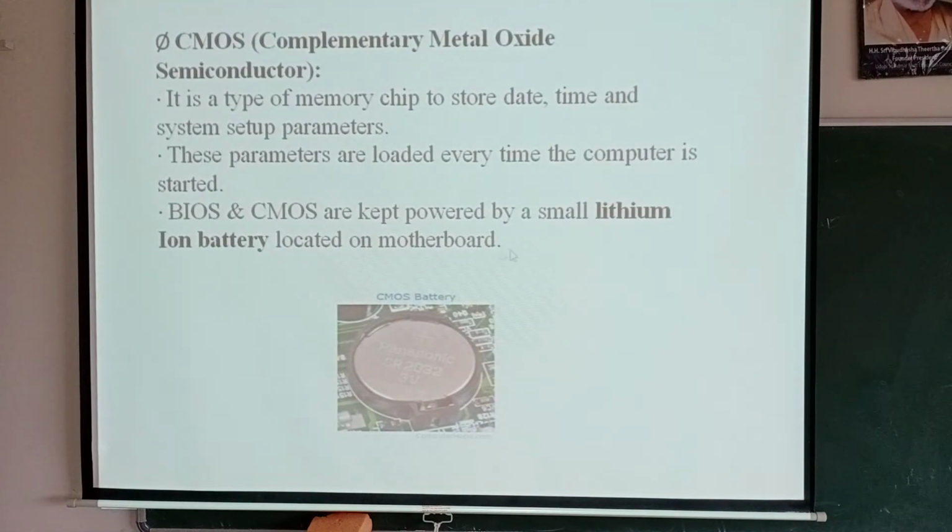You can see in this picture, this is a CMOS battery, okay, which you can see in a round circle shape, inside the motherboard. So this is also one memory chip. What does it store? It stores date, time and system setup. Whenever you are switching on the system, the operating system is loaded, and in the system screen you can see at the bottom the date and time is set up.